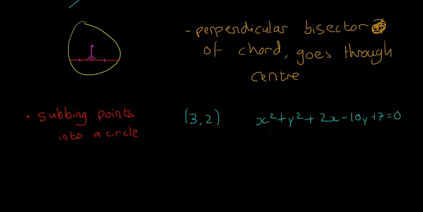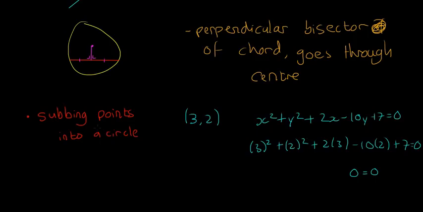If this point is on the circle, then if you put the points in, so 3 squared plus 2 squared plus 2 by 3, so the x in wherever there's an x and the 2 in wherever there's a y, minus 10 by 2 plus 7 is equal to 0. You should get, at the end, 0 is equal to 0. That's if the point is on the circle. In this case, this point is not on the circle, because if you work through this, you'll find it's definitely not 0 equal to 0.